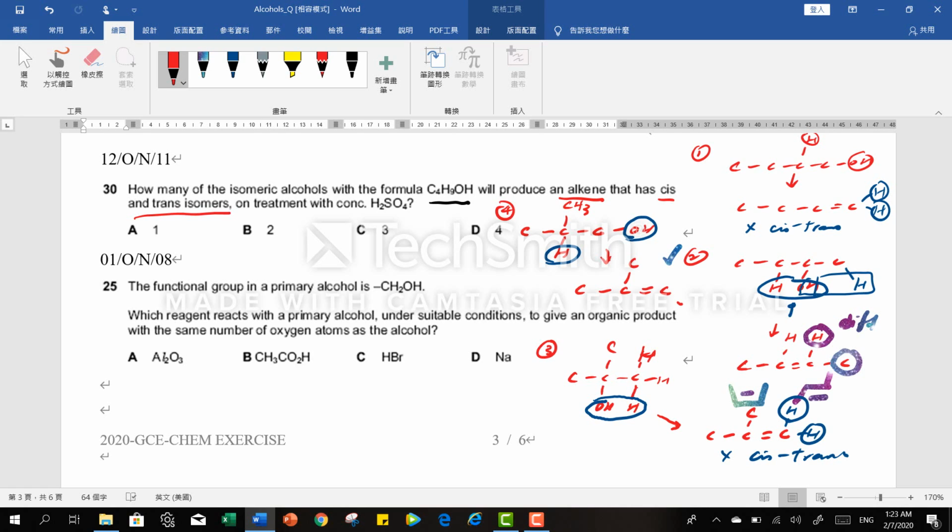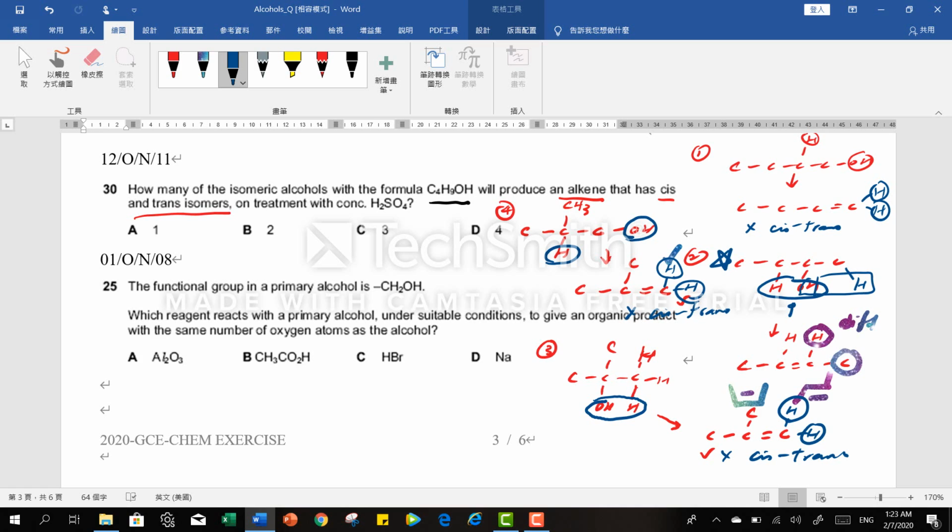Can you see this one is exactly the same as this one? I don't have to explain so much because this carbon has 2 H that are the same. So it cannot exhibit cis-trans.